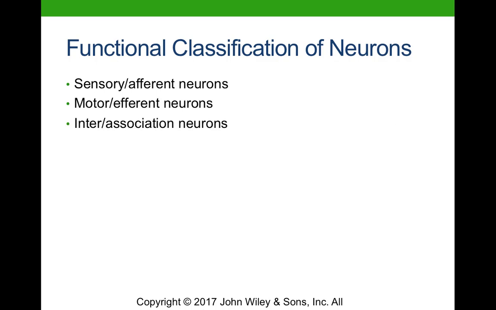On the basis of function, our neurons have three classifications: sensory or afferent neurons, motor or efferent neurons, and association or interneurons. So a little mnemonic to help you here is using the word SAME.